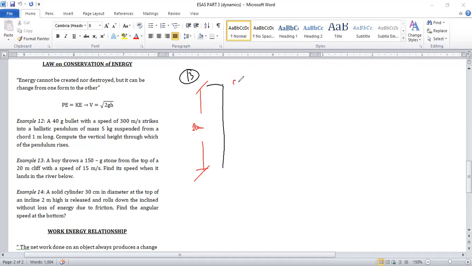The stone is thrown with an initial speed of 15 meters per second, and we are asked to calculate the velocity upon hitting the river.